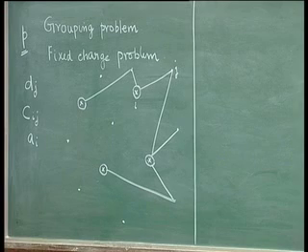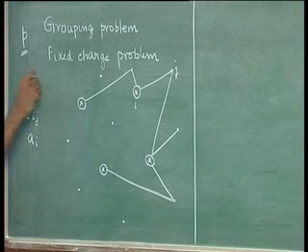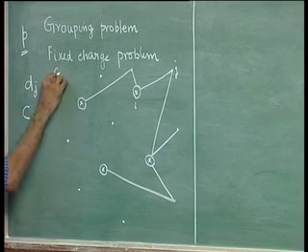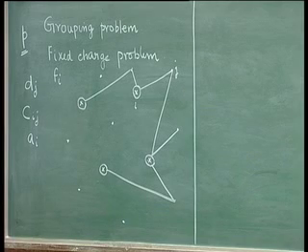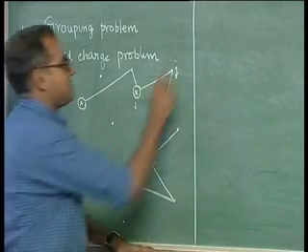And then there is a fixed charge Fi of locating something in location i, that is also there. In order to create a facility, I have a fixed expenditure which is called a fixed charge. That is why this problem is called the fixed charge problem. So, the variables will look like this.